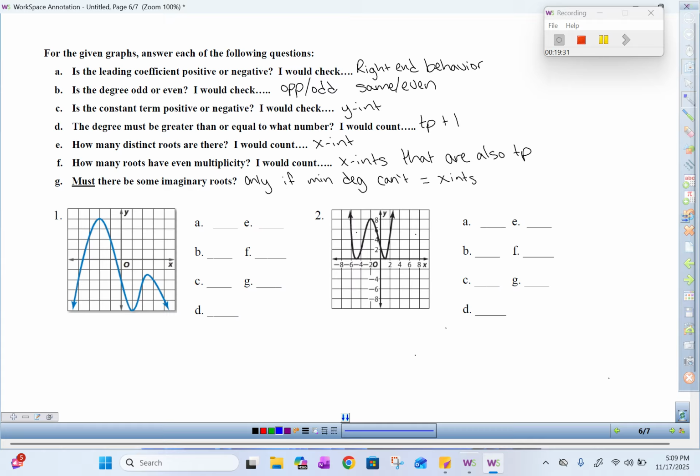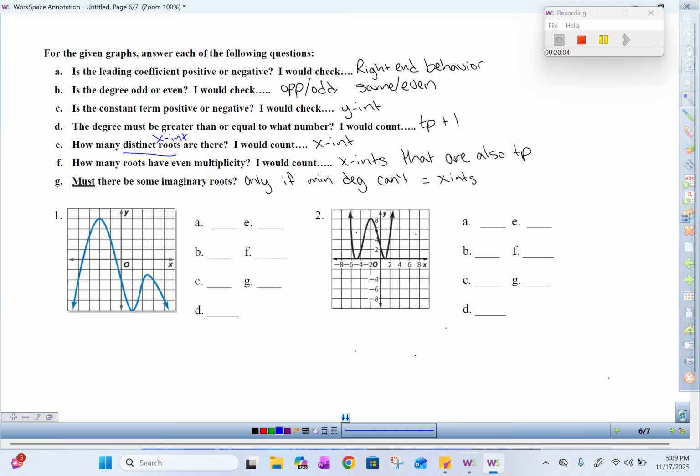Distinct roots are talking about the x-intercepts. And then how many roots have even multiplicity? Those are the x-intercepts that are also turning points. And then must there be imaginary roots? That's only if our minimum degree is not equal to the x-intercepts, including those even multiplicity, counting for some that could potentially be missing.